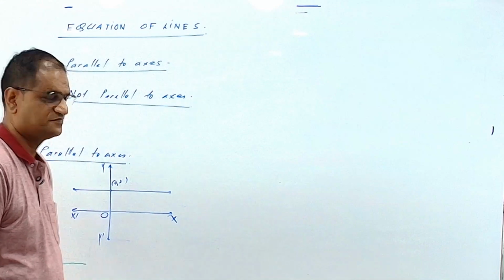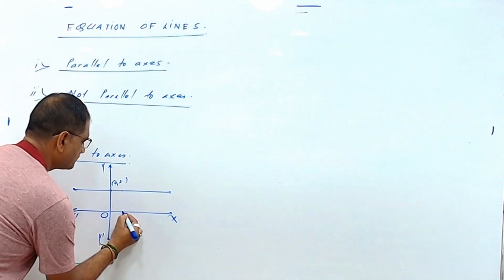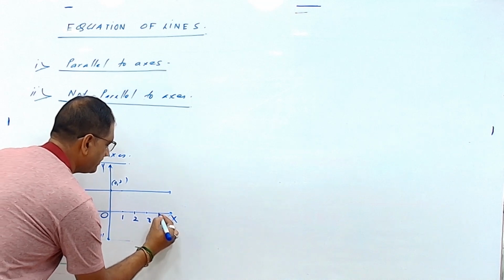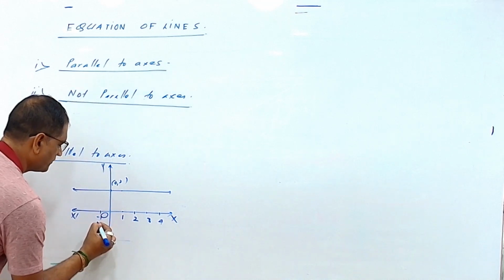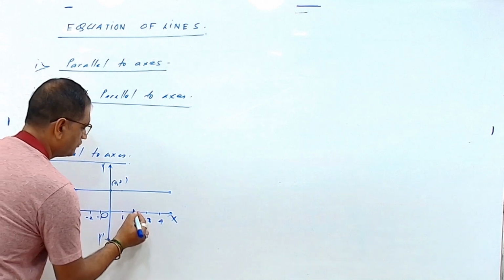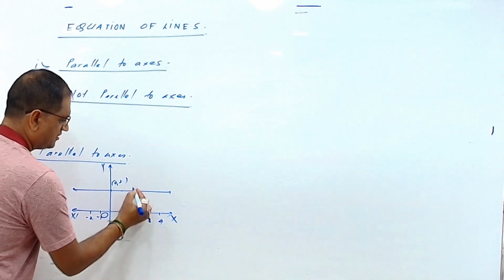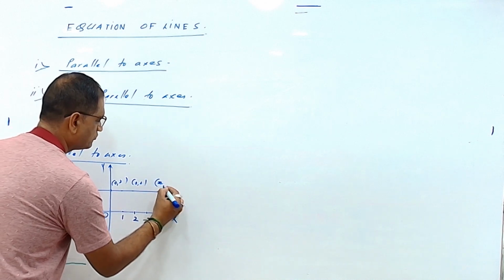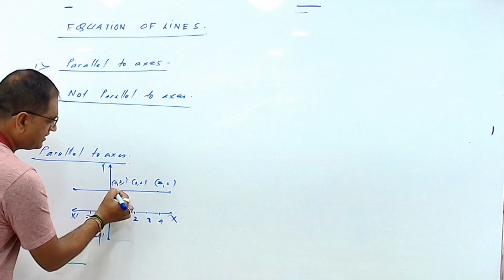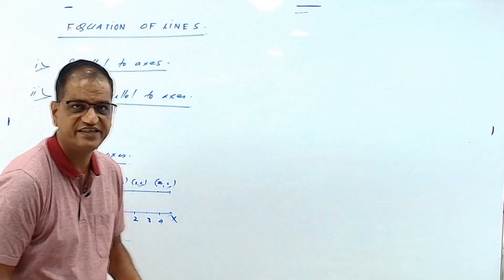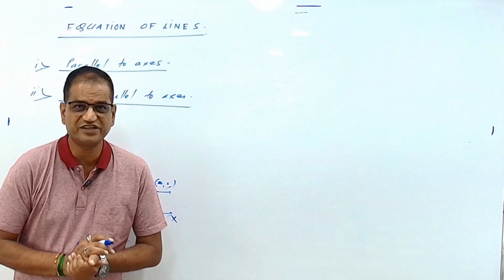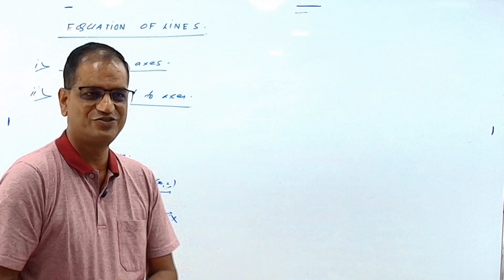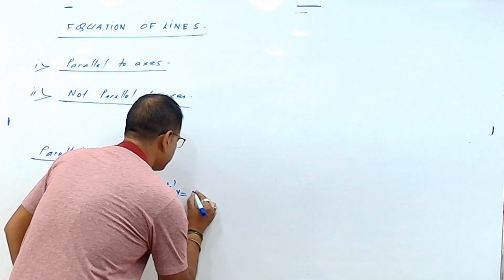So now, what will be the coordinate of this point where x coordinate is 1, 2, 3, 4, minus 1, minus 2? Is it 2, 2? Is it 3, 2? Sorry, 4, 2? So you observe them very carefully. All y coordinates are same. If all y coordinates are same, the equation of this line is given as y equal to 2.